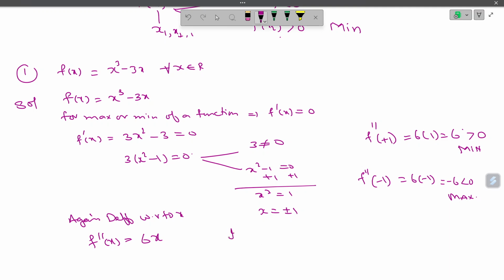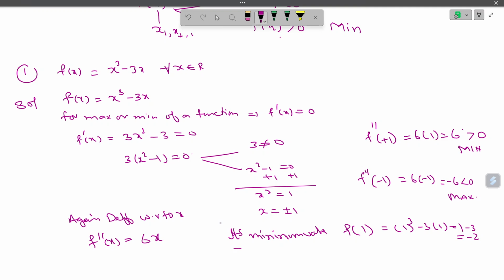Now you have to find its minimum value. What is the minimum value? Minimum is at x equal to plus 1. f of 1 equals 1 cube minus 3 into 1. So 1 cube is 1 minus 3, which is equal to minus 2.